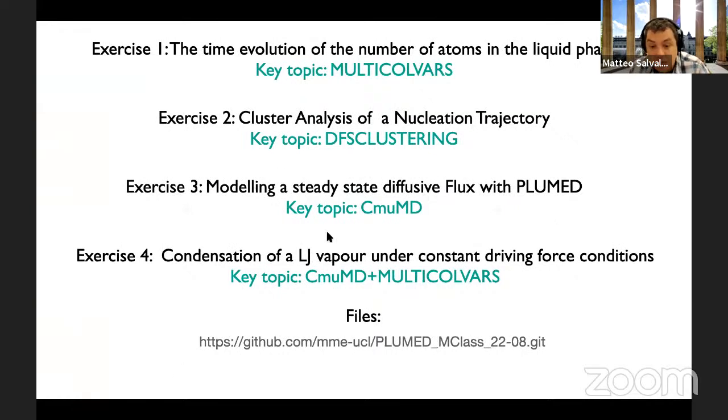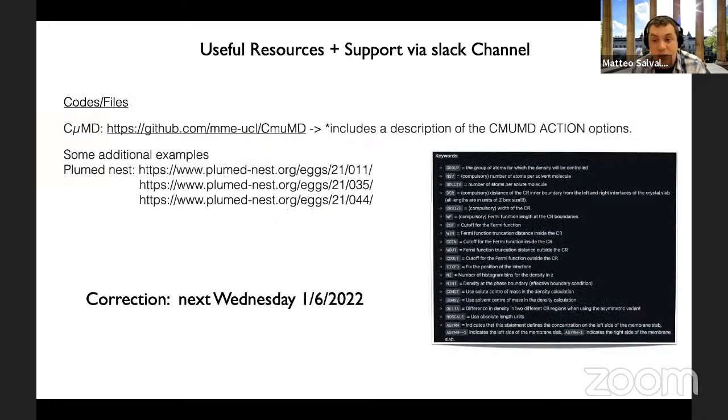All the files for these four exercises are available at this GitHub. The description of the tutorial is available on the PLUMED website. Some additional resources that might be useful if one is interested in investigating these ideas to sample these types of problems can be found on the SimuMD GitHub, where there is also an extensive discussion of the options and keywords associated with the SimuMD action.